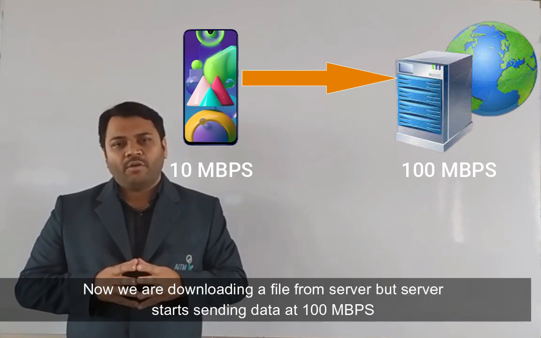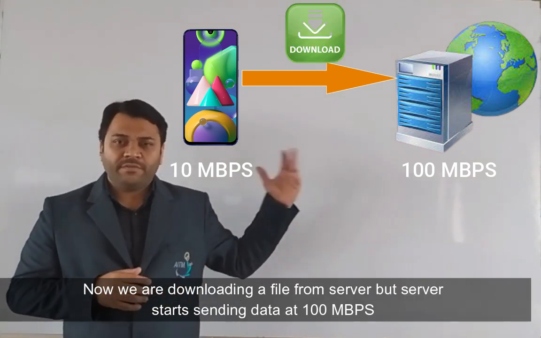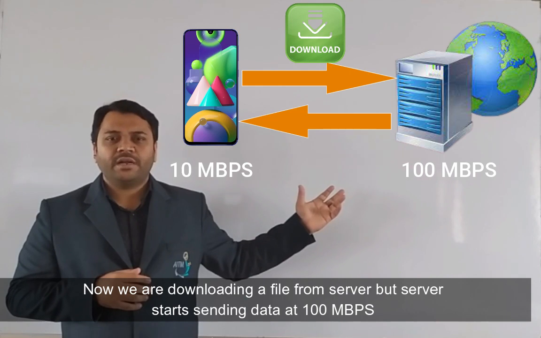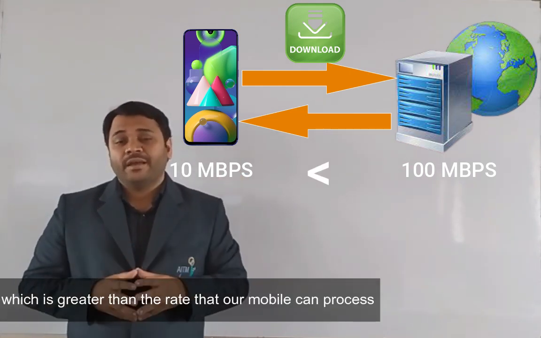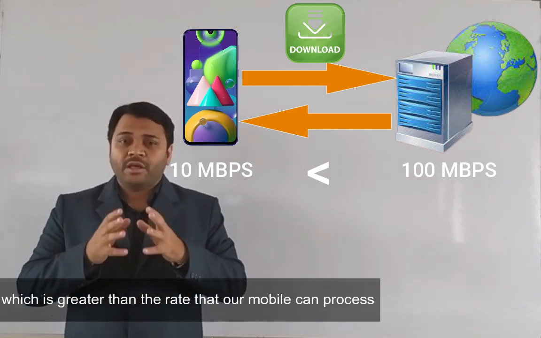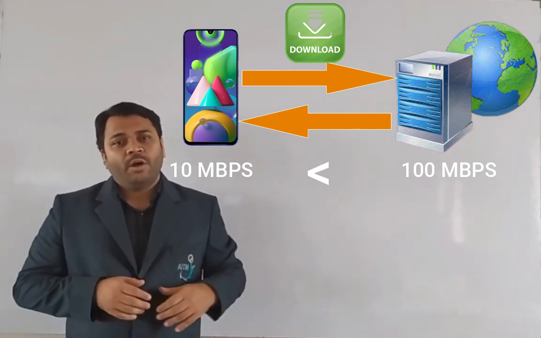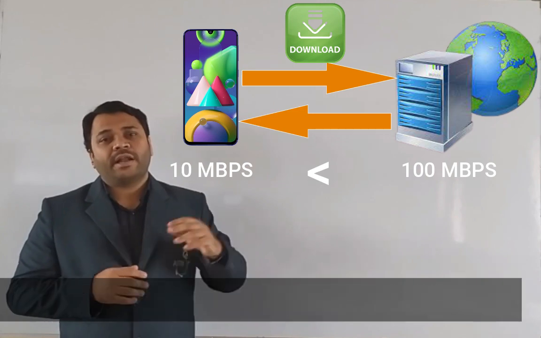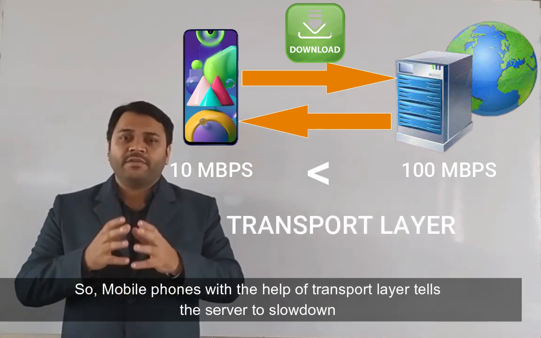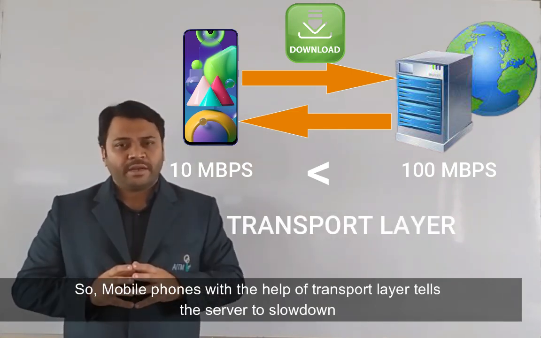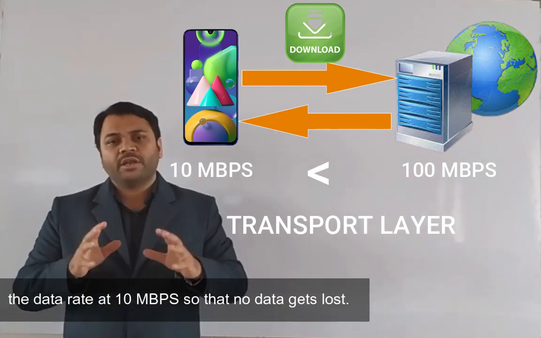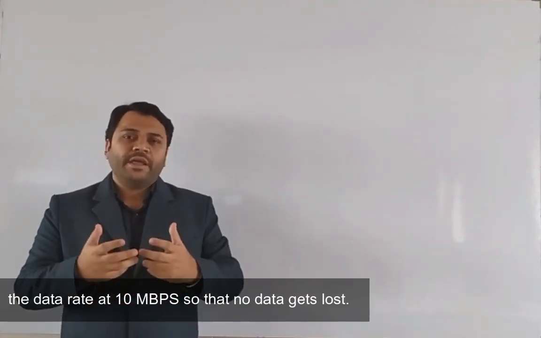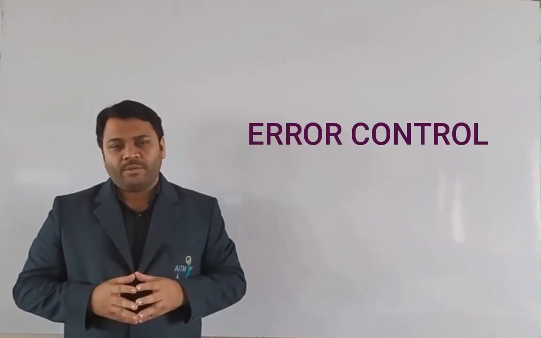Now we are downloading a file from the server, but the server starts sending data at 100 Mbps, which is greater than the rate that our mobile can process. So the mobile phone, with the help of the transport layer, tells the server to slow down the data rate to 10 Mbps so that no data gets lost. The transport layer also helps in error control.